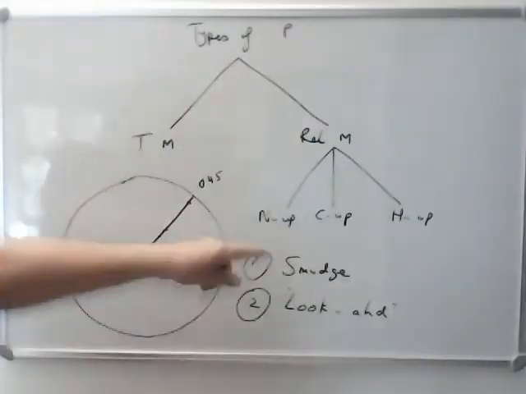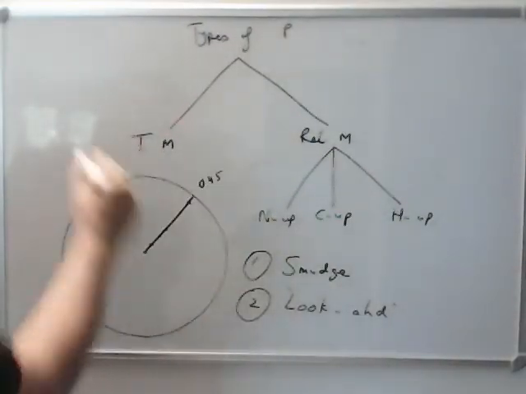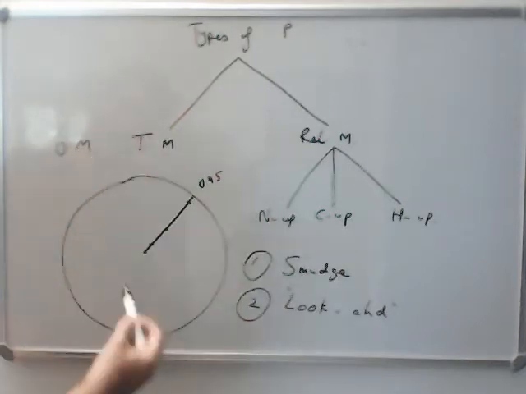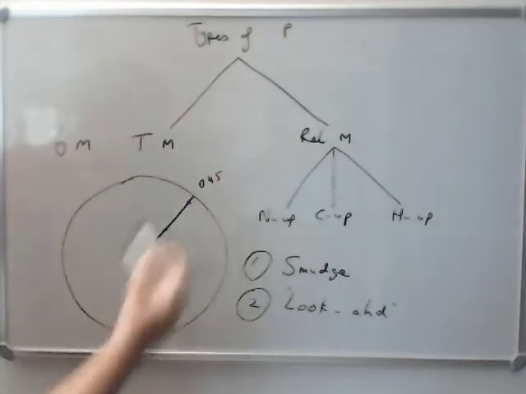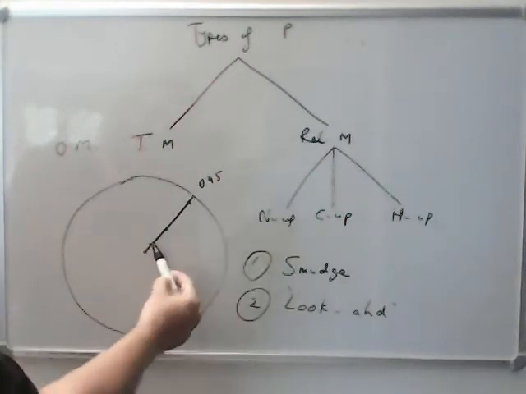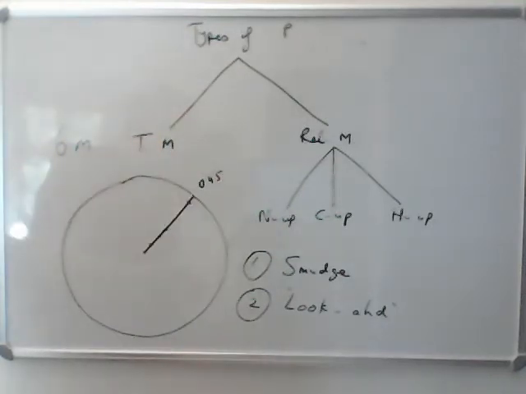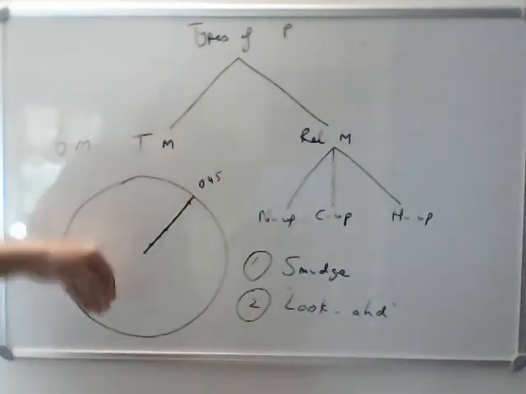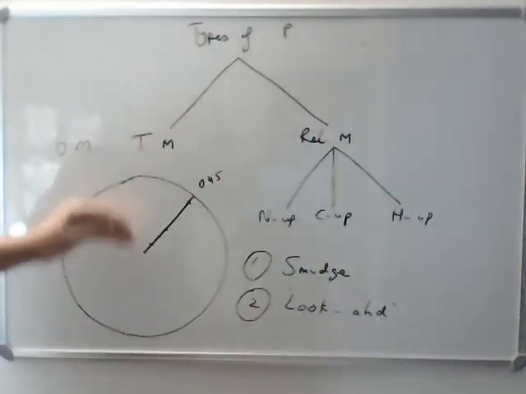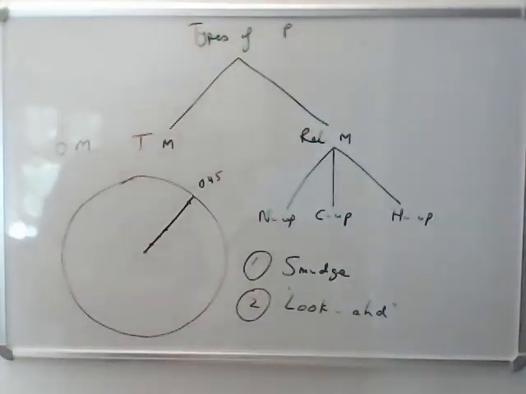The look ahead distance keeps reducing. As you can see, if this is on 6 miles range, the distance from here to here is 6 miles. But as the ship starts moving, this 6 miles becomes 5 miles, 4 miles, 3 miles. So your look ahead distance keeps reducing until it jumps back, and then again it starts reducing. So these are the two disadvantages of true motion.